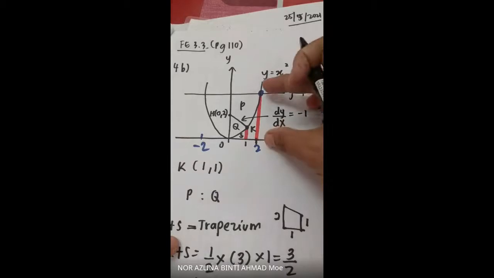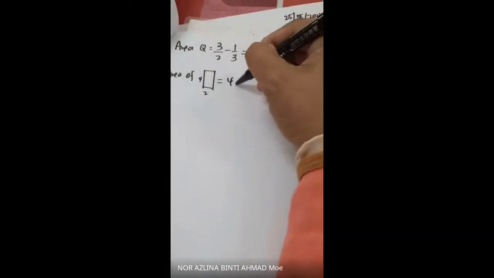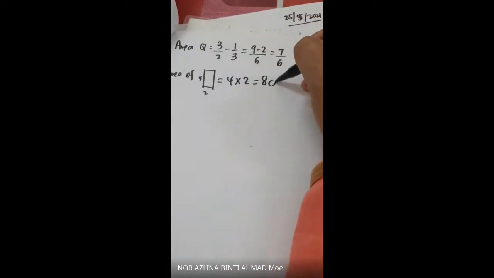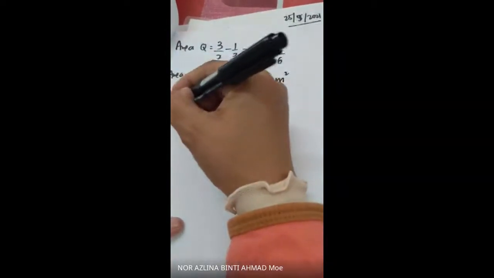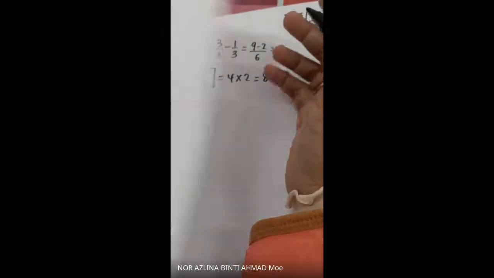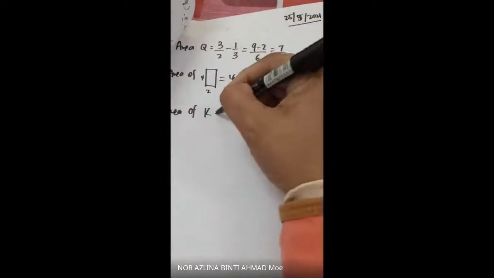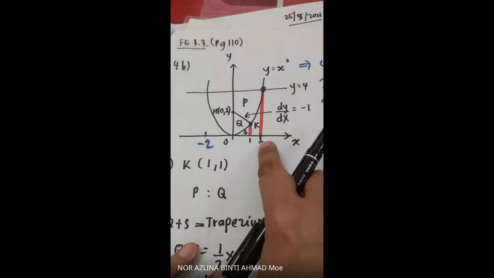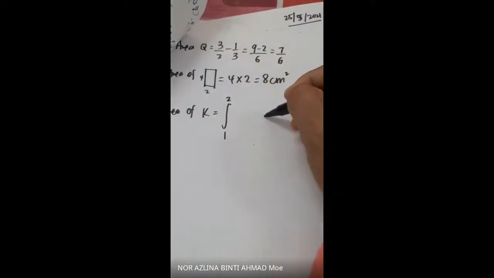Boleh. Jadi, the rectangle, the height is 4 and 2. So 4 multiply 2, this is 8 cm squared. Now, to get the area of K. So K, integrate from 1 until 2, this is dx.